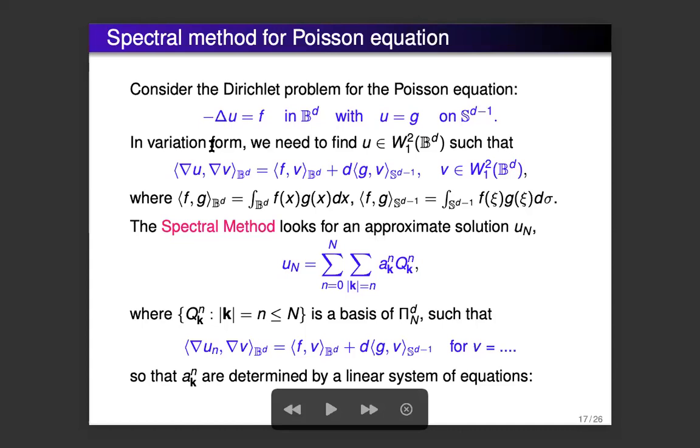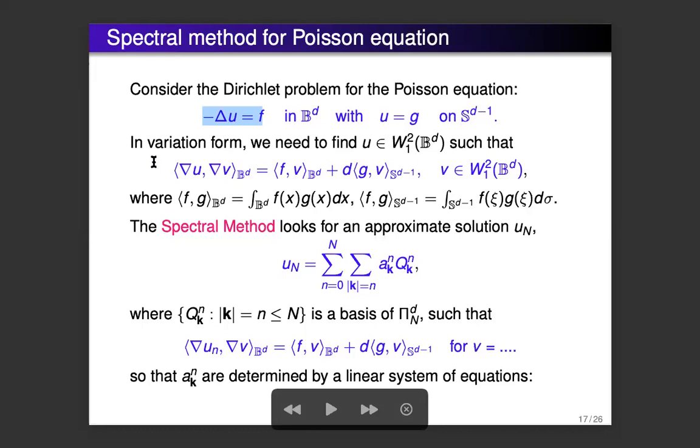So how do you solve something like this? We often write it in an integral, a variational form. What I mean is, I'm going to multiply by a v to this thing and integrate by parts. Then you can combine both of them into one equation.